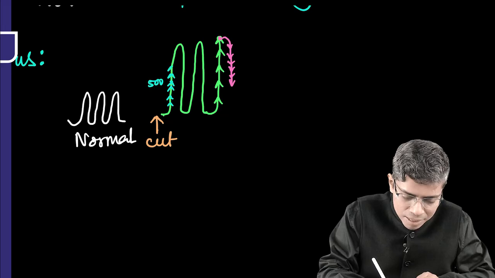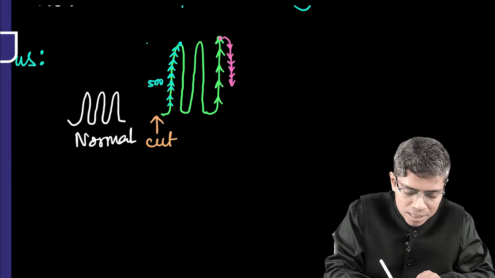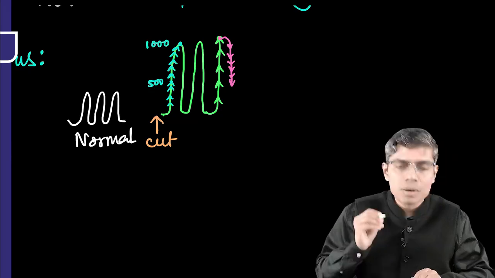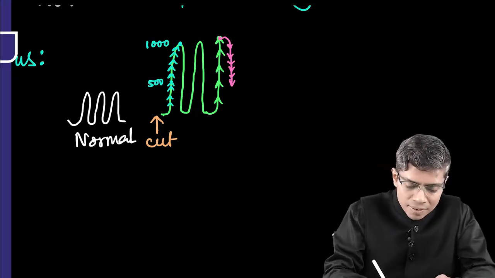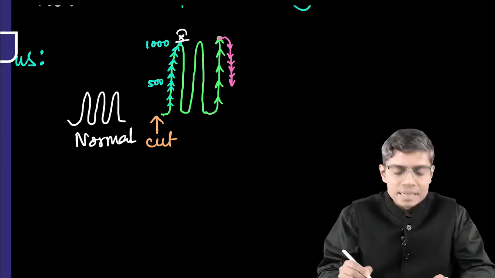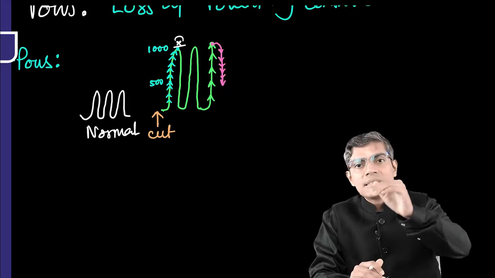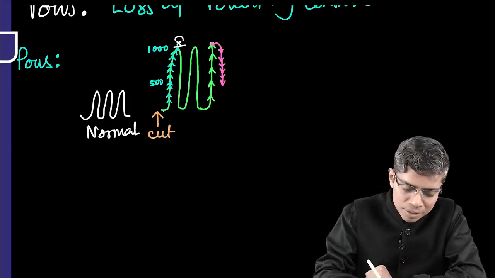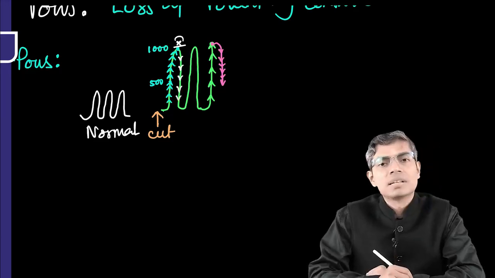It will be increased. Whenever your tidal volume gets more than 1000 ml, at this point the vagus nerve will be activated by the stretch receptors of the lung, and that will inhibit the apneustic center. Whenever you inhibit the apneustic center, your expiration will start like this.